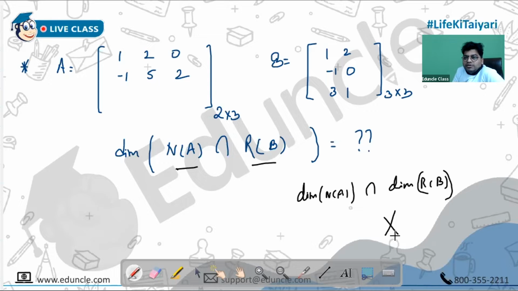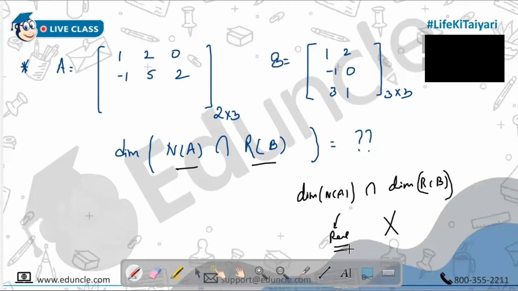These are sets, not numbers. What is the dimension of the intersection of positive integers? So basically, you have to find out the set. Whenever you have two spaces, you find the intersection of the two spaces and get the answer.